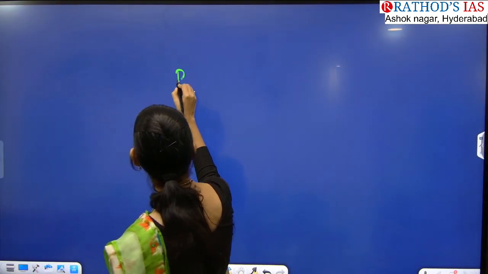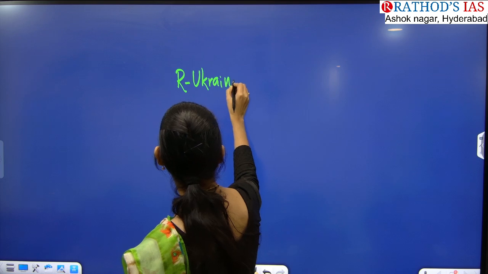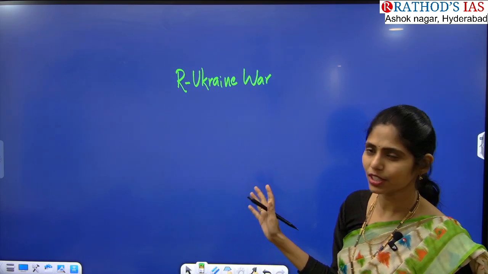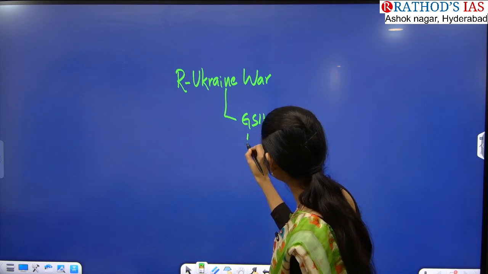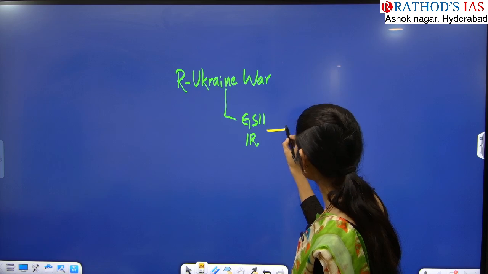You know that the Russia-Ukraine war is going on. From which subject can you see this? From GS Paper 2 under international relations. So what is the new update in this Russia-Ukraine war?